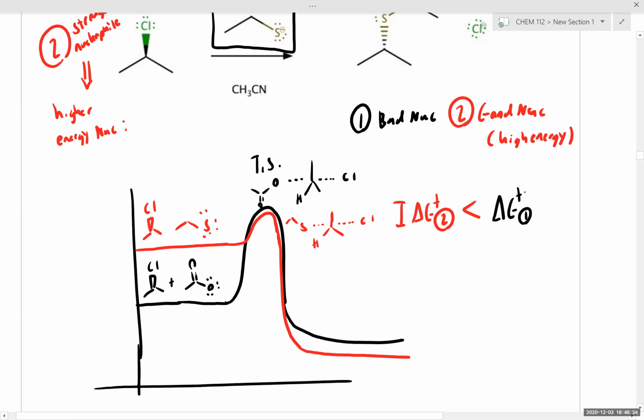So better nucleophile, higher in energy, lower activation energy, faster rate of reaction. Does that make sense to everyone? Do these examples make sense to everyone so far?